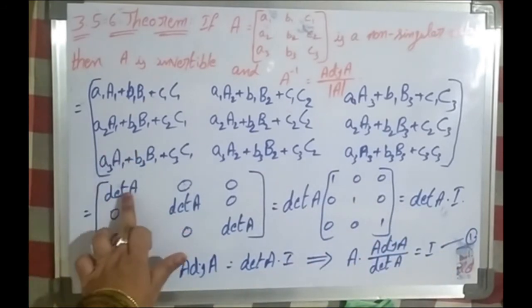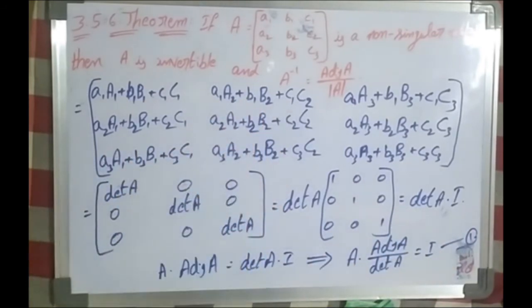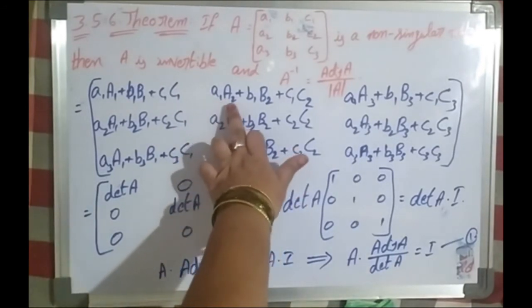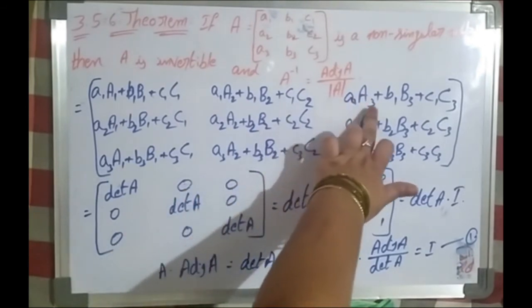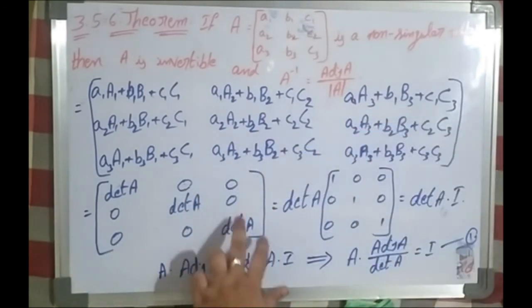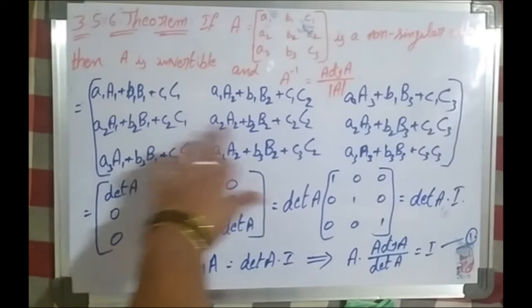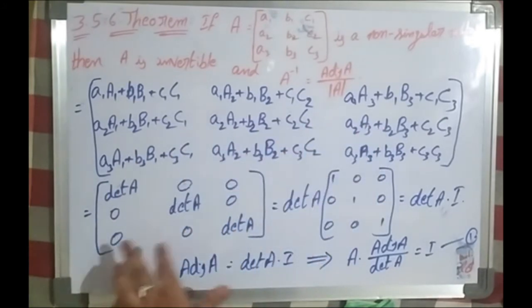Then by substituting those values and using the ninth property of determinants, a1 a2 plus b1 b2 plus c1 c2 is 0, and also a1 a3 plus b1 b3 plus c1 c3 is also 0. Similarly, the remaining terms are also 0.